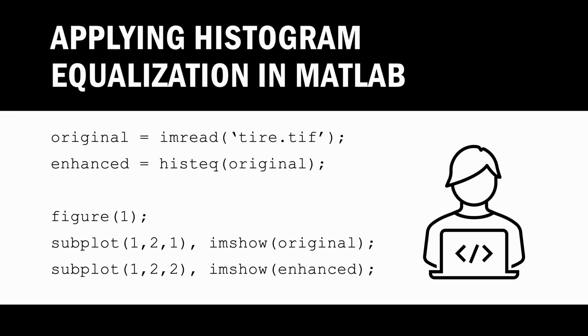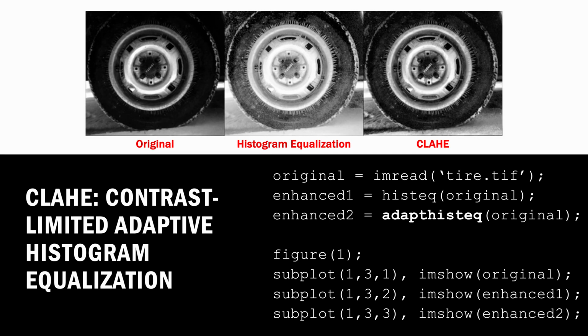in image contrast. As we discussed earlier, histogram equalization usually increases the global contrast of an image, but sometimes it produces unrealistic effects, especially in photographs, by amplifying noise or making the picture look unnatural. To overcome this problem, a method called contrast-limited adaptive histogram equalization, or CLAHE, was developed.